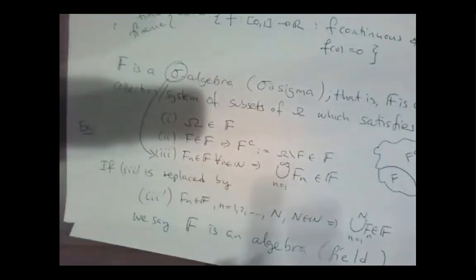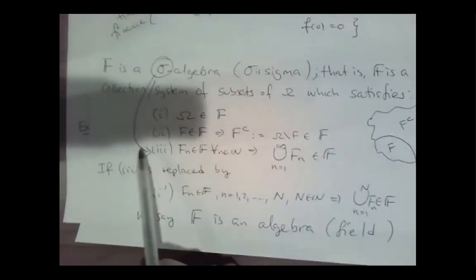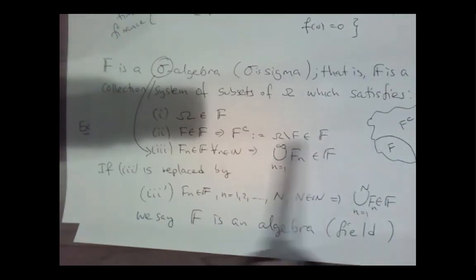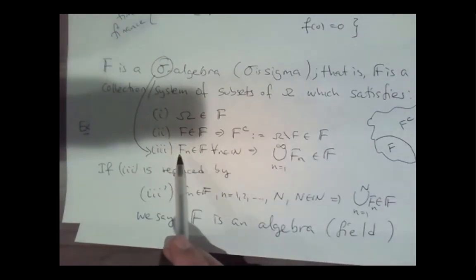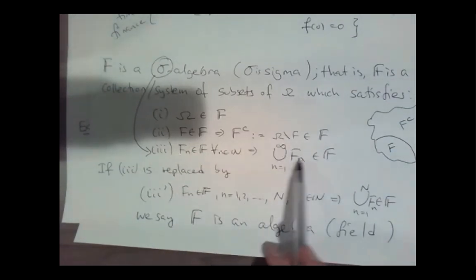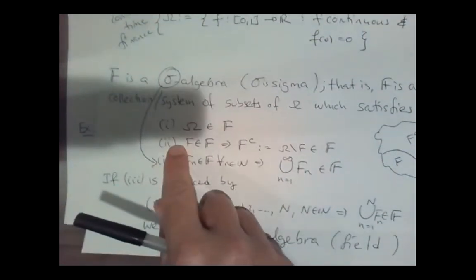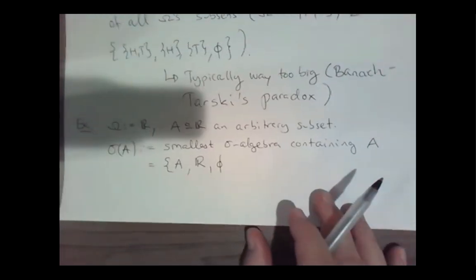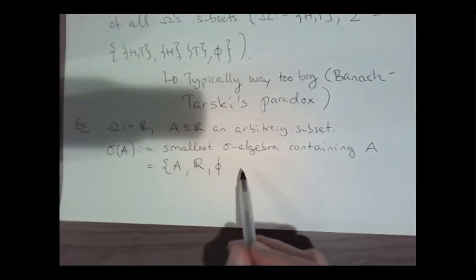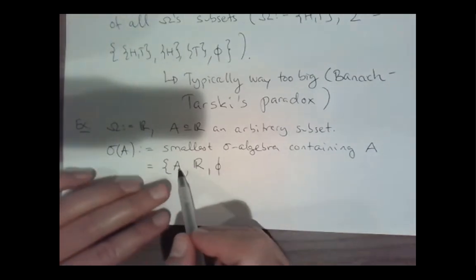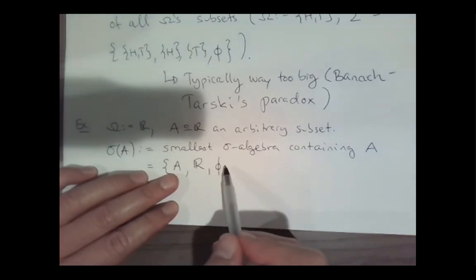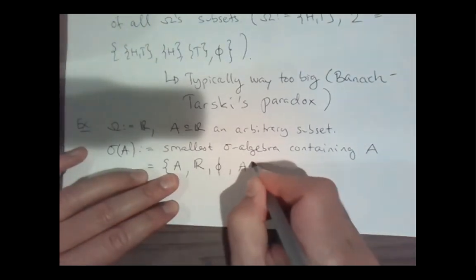Remember, the sigma algebra has to have the properties that you take omega in there, you take F, then the complement has to be in there. I take arbitrary collections, the union of arbitrary collections also has to be in there. And it's the second one that's problematic, because I need to have the complement of these sets, these should also all be in there. And A's complement is not, so I need to put A's complement in here too.